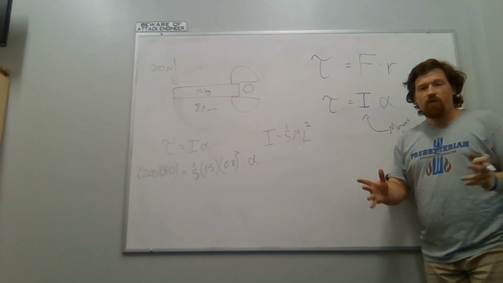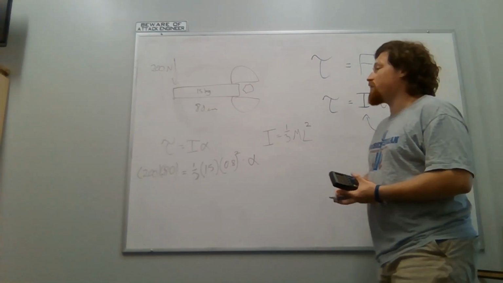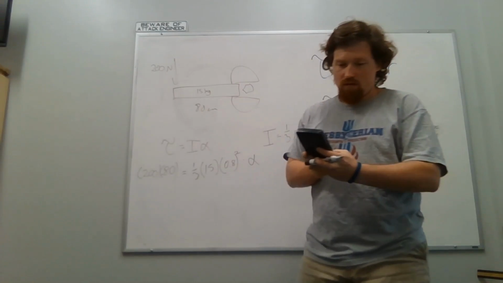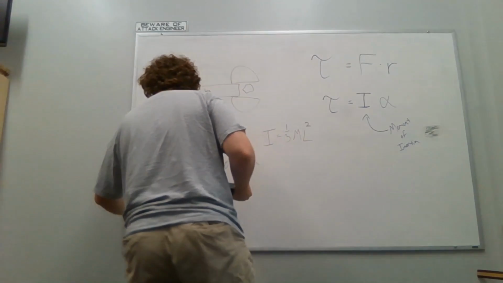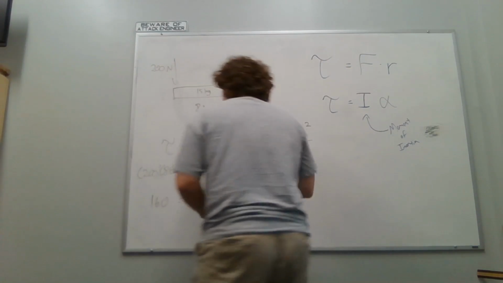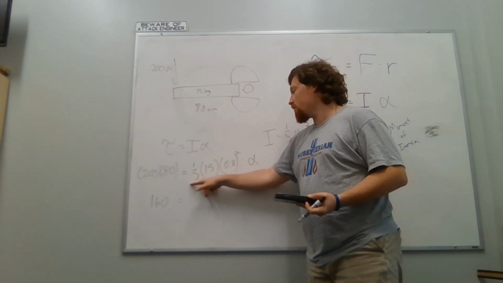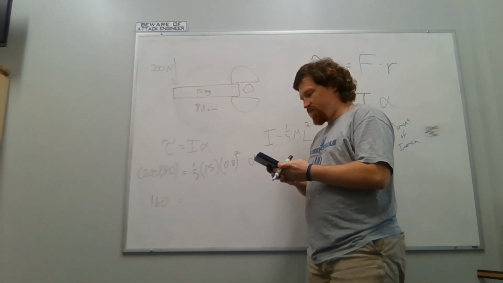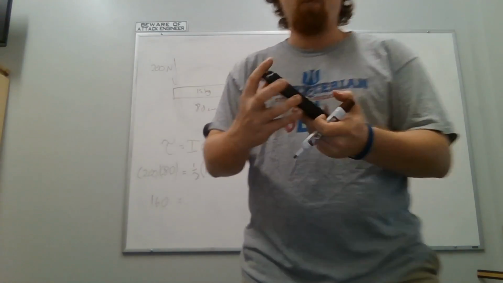So now we can solve for it. I'm going to simplify this one step at a time. I'm going to combine the 200 and the 0.8 together. That's going to give me 160. Next, I'm going to multiply these three terms into one another. So that's going to be 1 divided by 3 times 15 times 0.8, and make sure you are only squaring the 0.8.